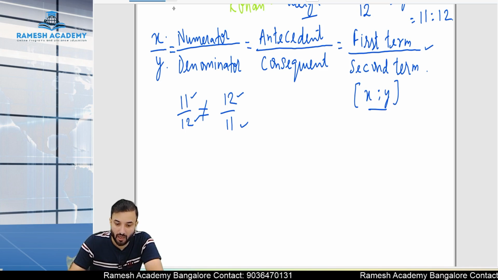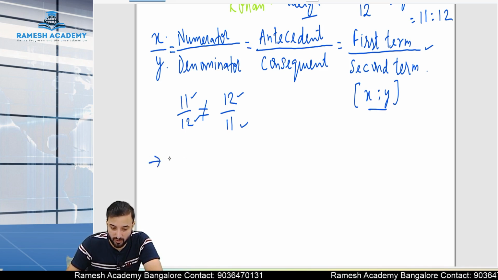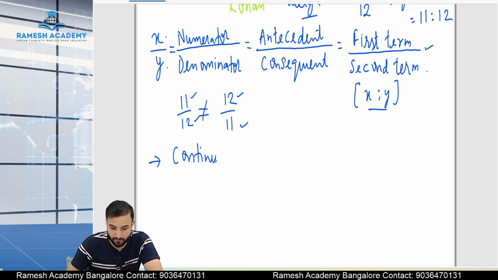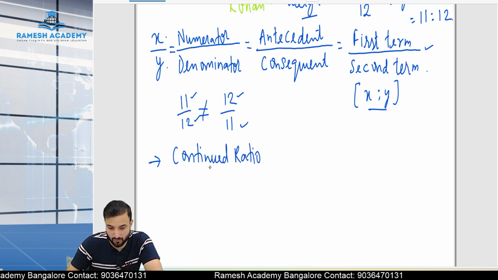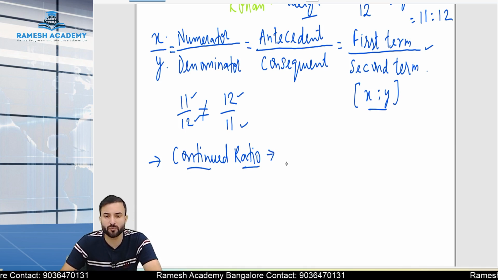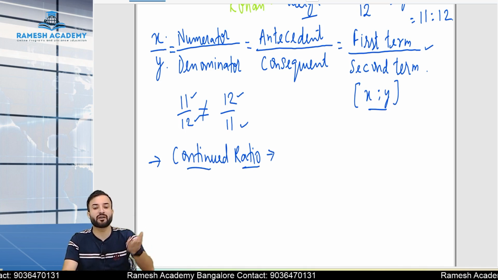Now we have to know only one more thing here, which is continued ratio. Continued ratio means a ratio which keeps continuing.